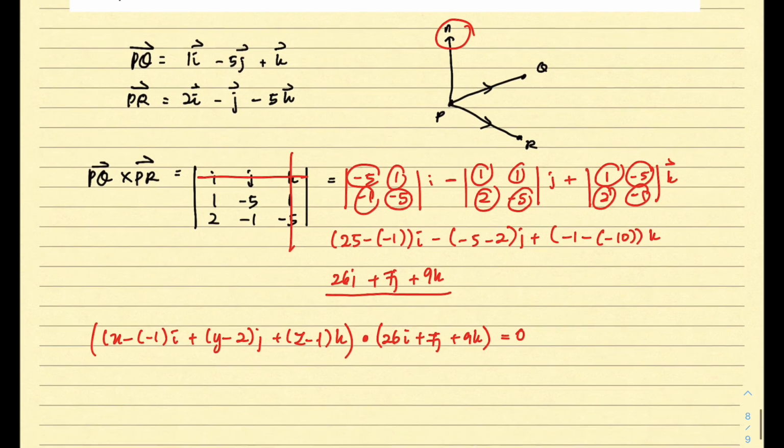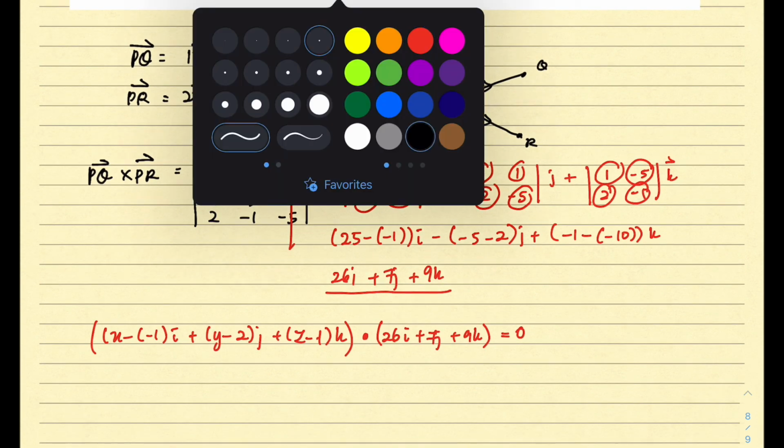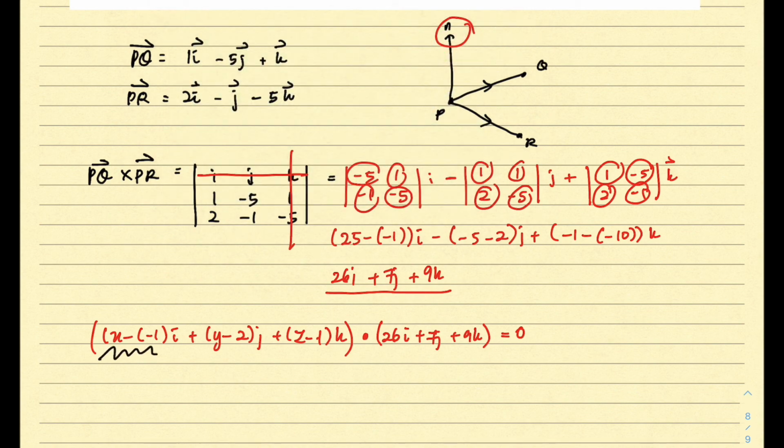So now let's solve this. I multiply by I because you are doing the dot product here. So x minus negative 1 is x plus 1. So 26 times x plus 1, plus j times j, so 7 times y minus 2, plus k times k, so 9 times z minus 1.